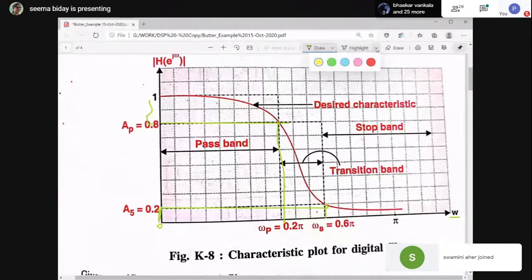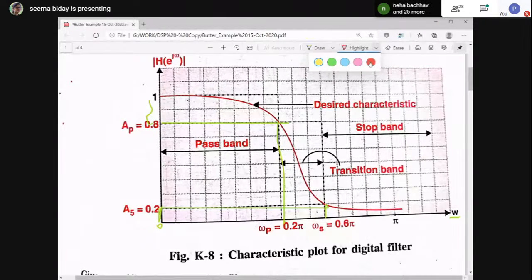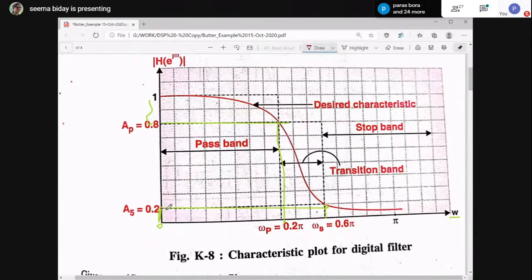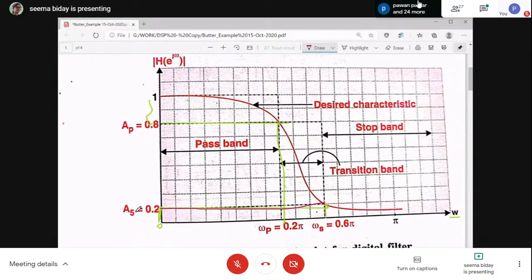I hope you are understanding. This range, this is this range. So this is AP and this is AS. Now this band is called the passband.